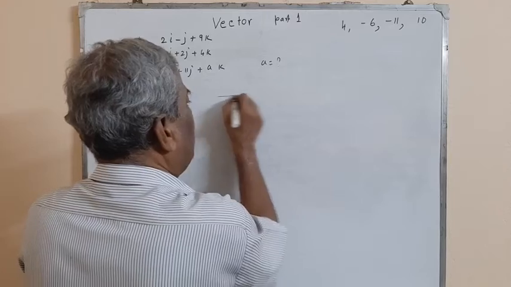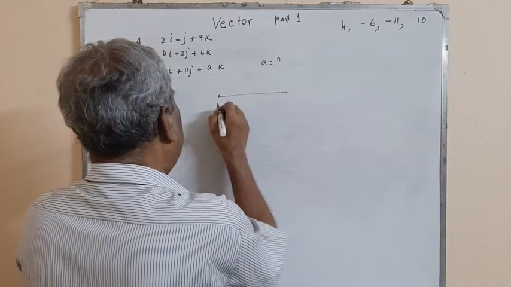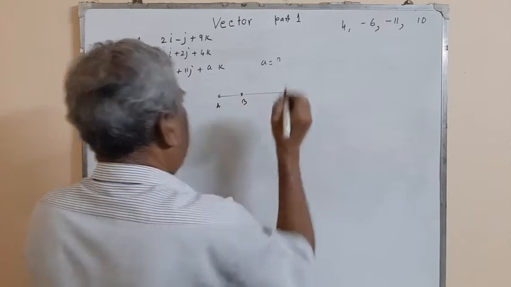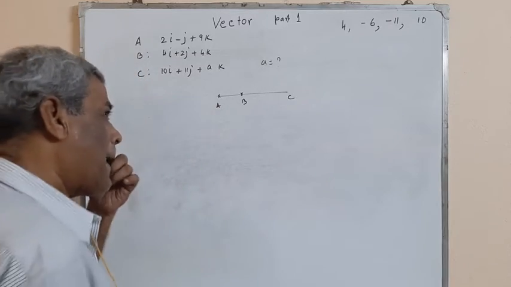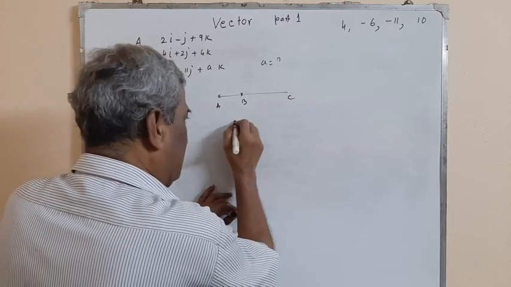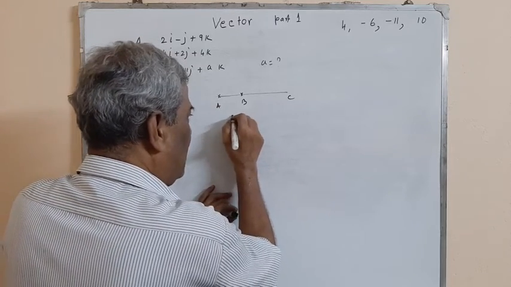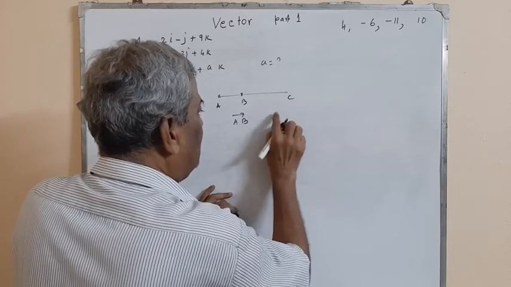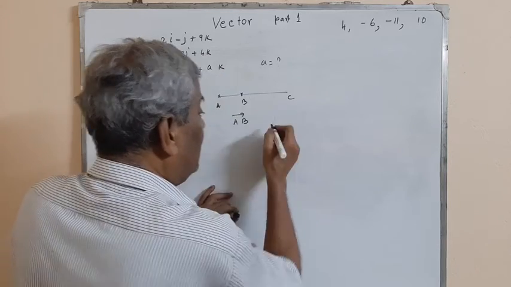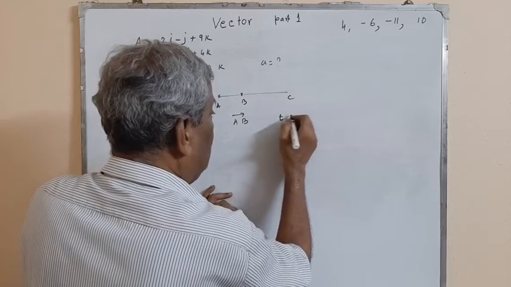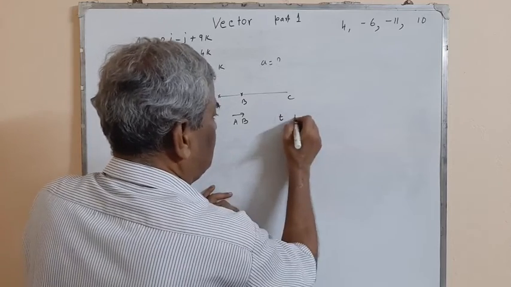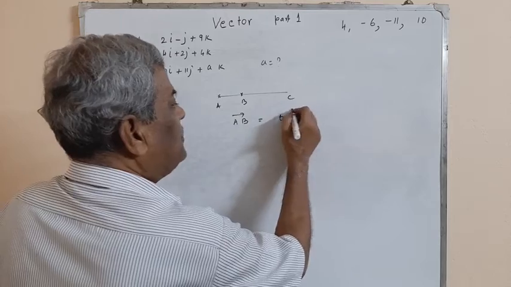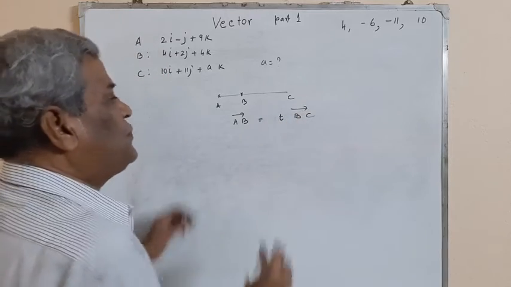Suppose this point is A, this is B, this is C. So vector AB will be some multiple, say t, into BC. AB vector must be equal to some constant of BC.